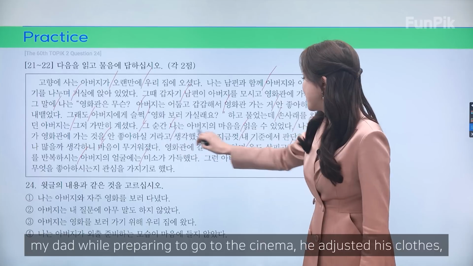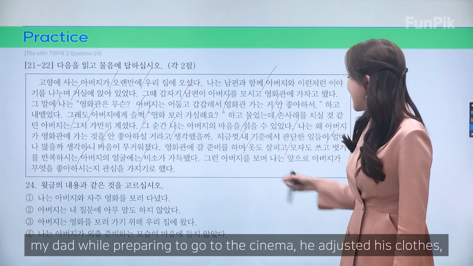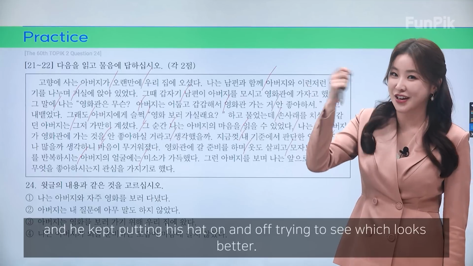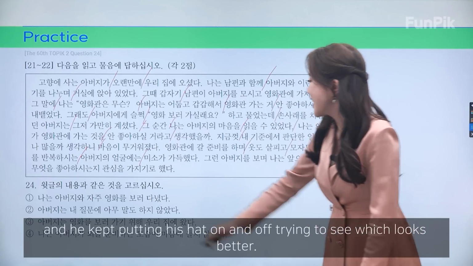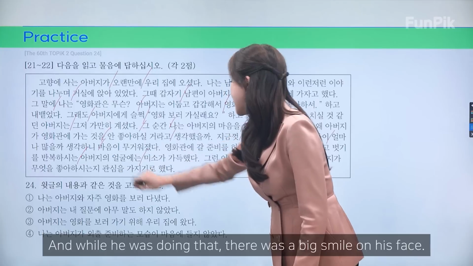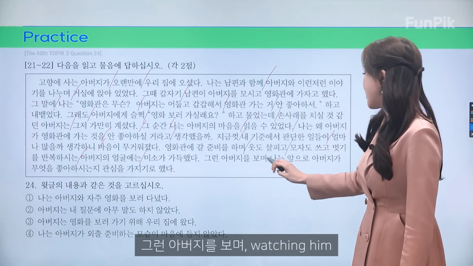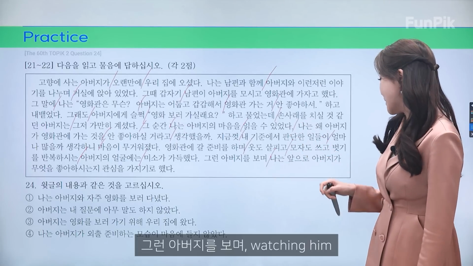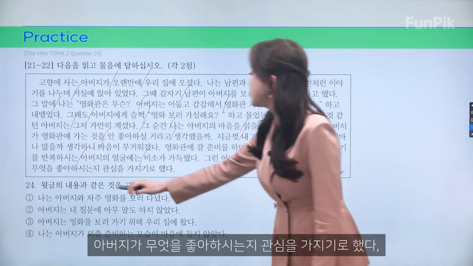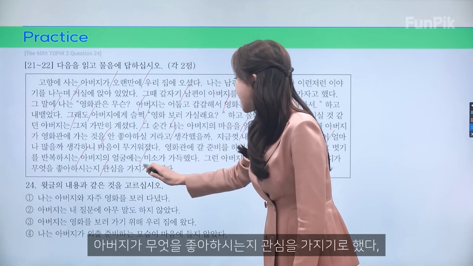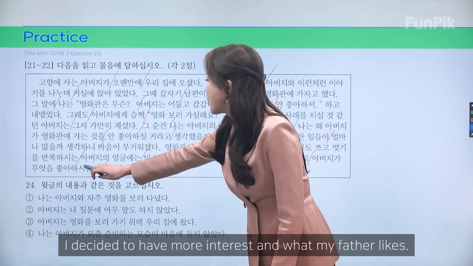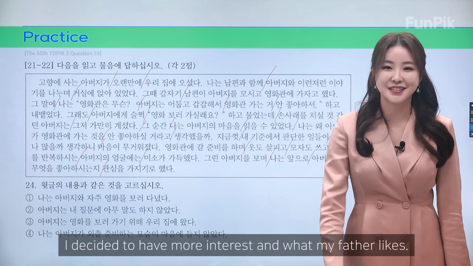My dad, while preparing to go to the cinema, adjusted his clothes and kept putting his hat on and off, trying to see which looks better. And while he was doing that, there was a big smile on his face. 그런 아버지를 보며 나는 앞으로 아버지가 무엇을 좋아하시는지 관심을 가지기로 했다. Watching him, I decided from now on to have interest in what my father likes.